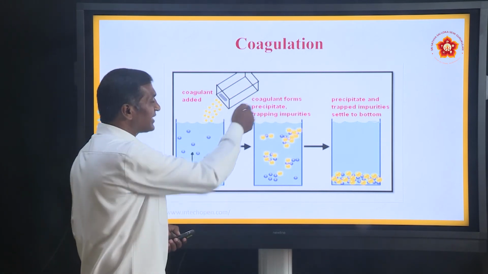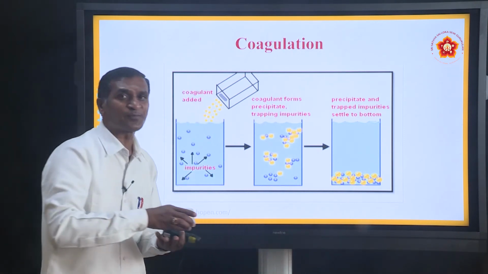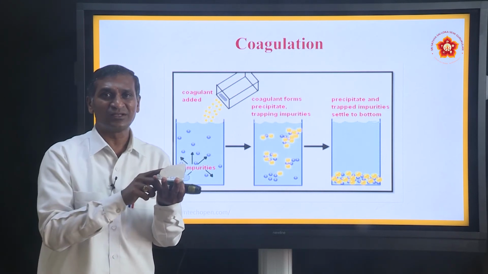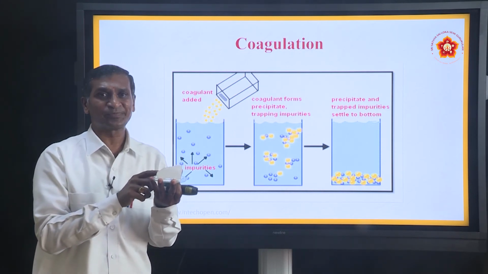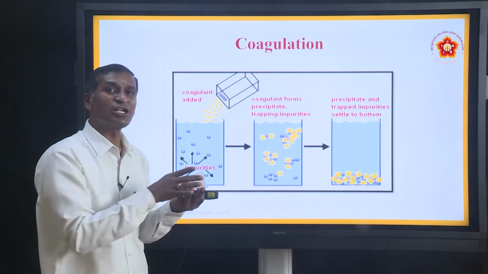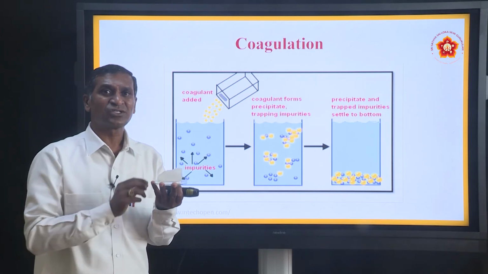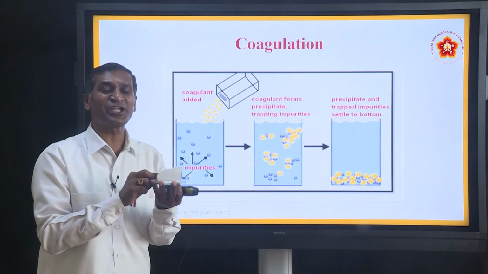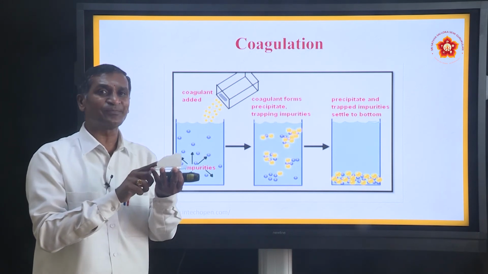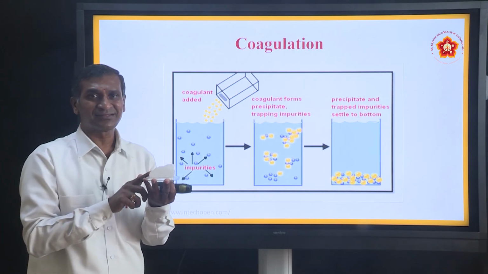Coagulation, dear students, you might have observed in saloon shops, the potash alum. So, the potash alum, Al2(SO4)3·24H2O, aluminum sulfate. This alum is a very good coagulant.